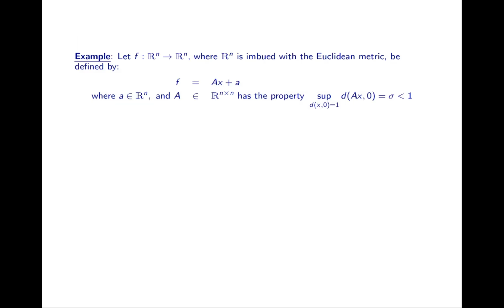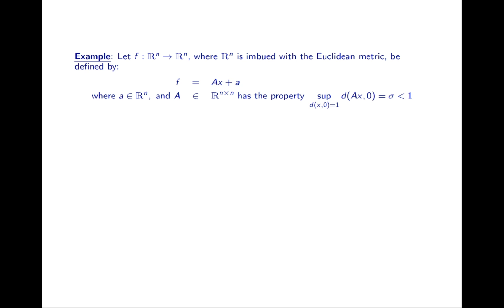Let's take a look at another example. Suppose f maps n-dimensional vectors to n-dimensional real-valued vectors, where we're imbuing our n-dimensional Euclidean space with the Euclidean metric. And suppose that f is an affine transformation, meaning it's a linear transformation plus a constant. It's A times x plus a.